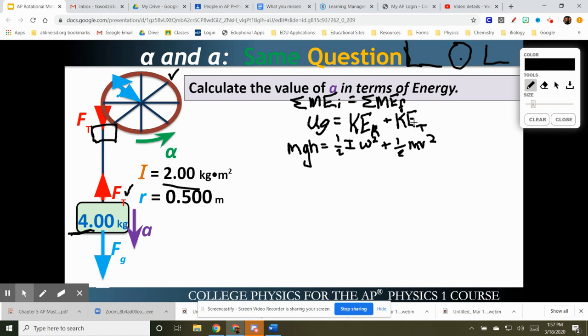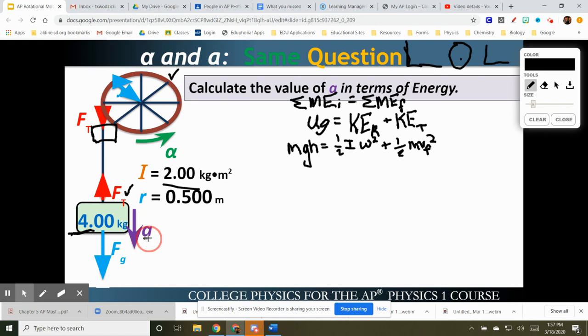So when we look at this translational kinetic energy, we're looking at the velocity final here, so this is v_f that we're looking at. Let me try and clean that up, okay?